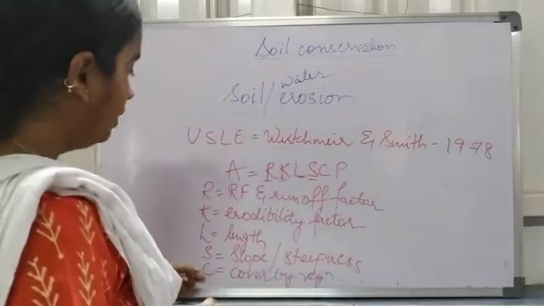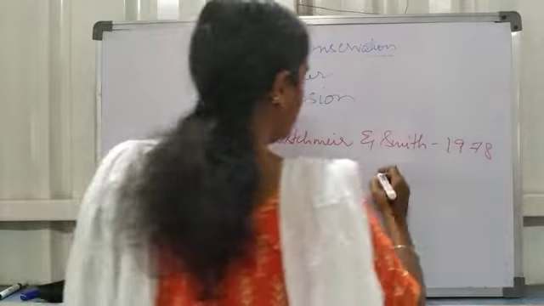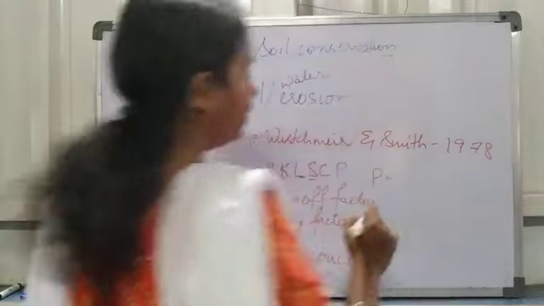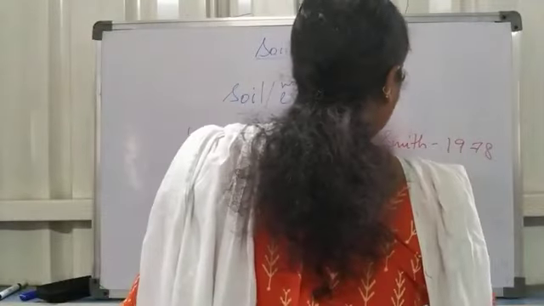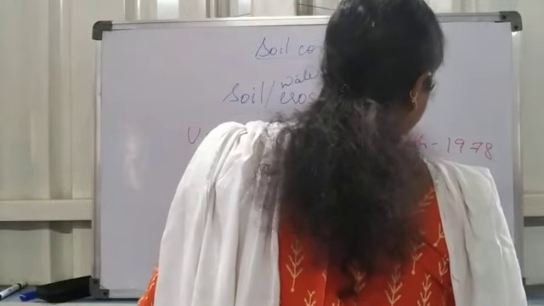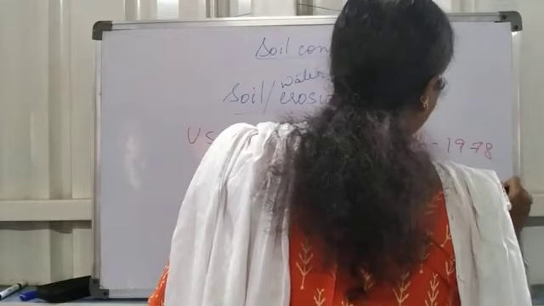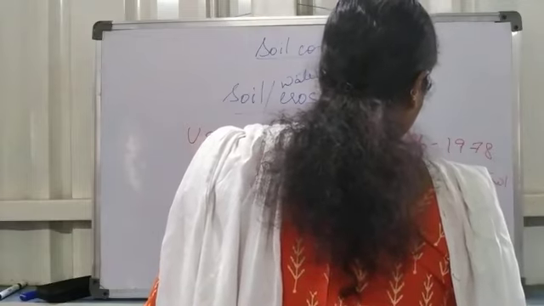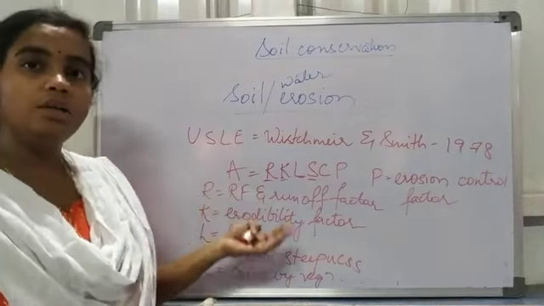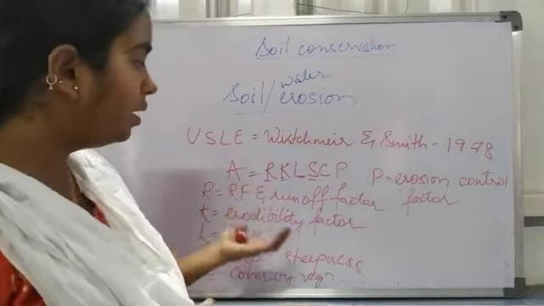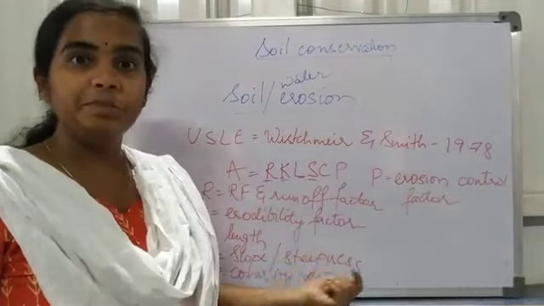And the last one, P stands for erosion control factor. So these are the various abbreviations, and what these mean.